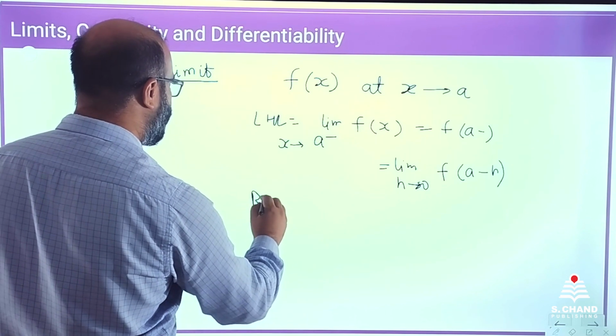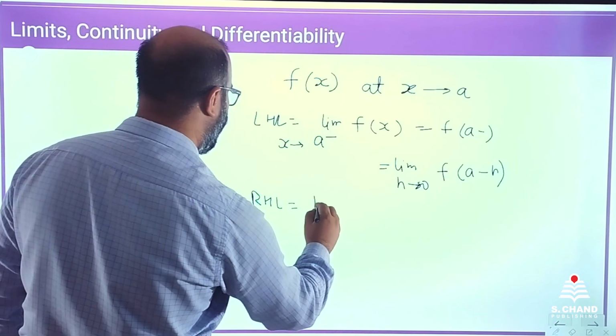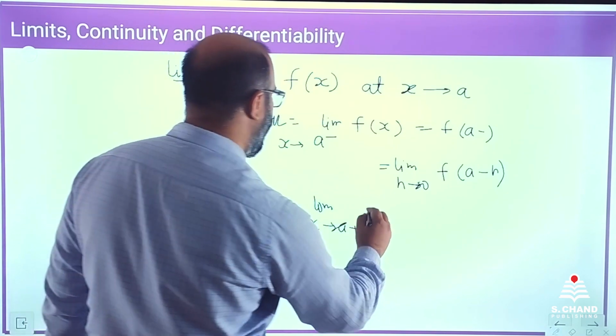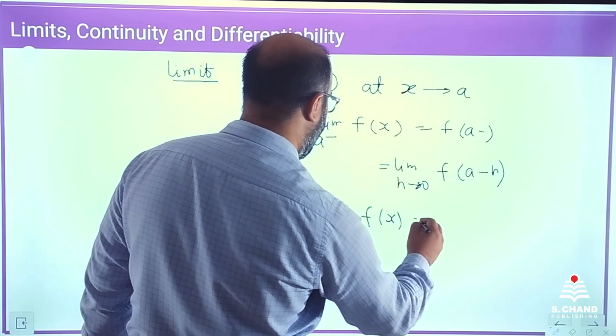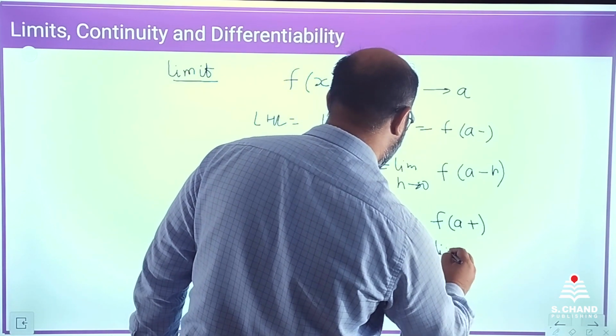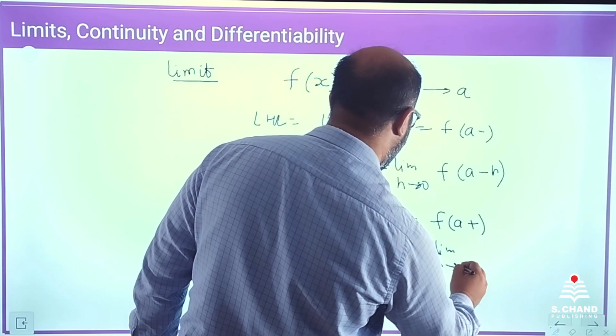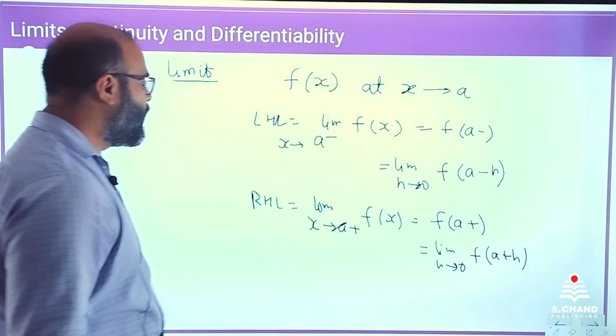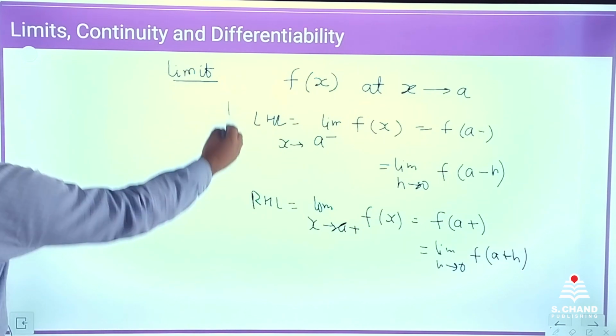Similarly, the right hand limit is limit x tending towards a plus f(x), which is equal to f of a plus, and it is equal to limit h tending towards 0 of f of a plus h. So this is how we define limit, and there are a few results related to the limit.